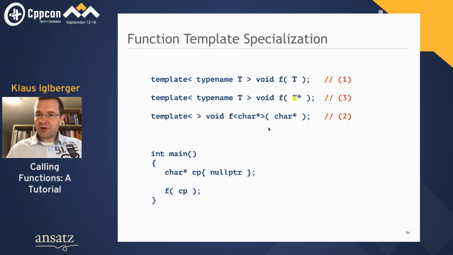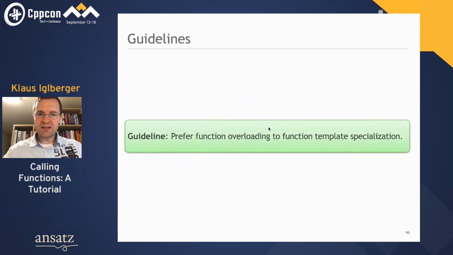Therefore, if I select function 3, there is no specialization anymore, and again, I would call function 3. This is just something to keep in mind, and also it is important to keep in mind that function template specializations are considered only after the base template has been selected. So the takeaway is prefer function overloading to function template specialization.